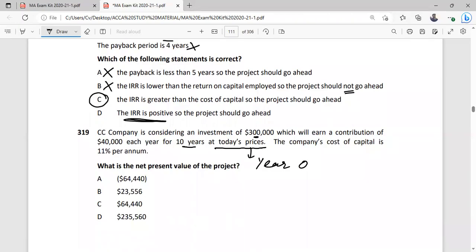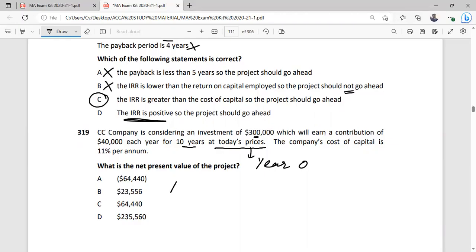The company will earn a contribution each year for 10 years at today's price. At today's price means if we are provided with any inflation percentage, then we should adjust for the inflation. But in the exam, the examiner is not going to ask for the inflation adjustment.